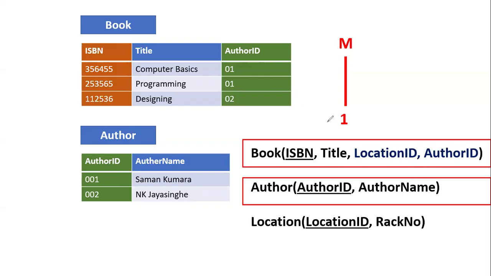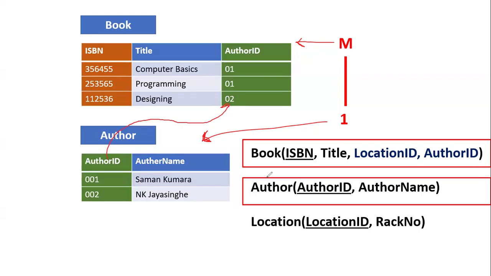So you can see one is related to the author table and many is for the book table. So what we have to do here is take the primary key from the one side table and insert that into the many side table.